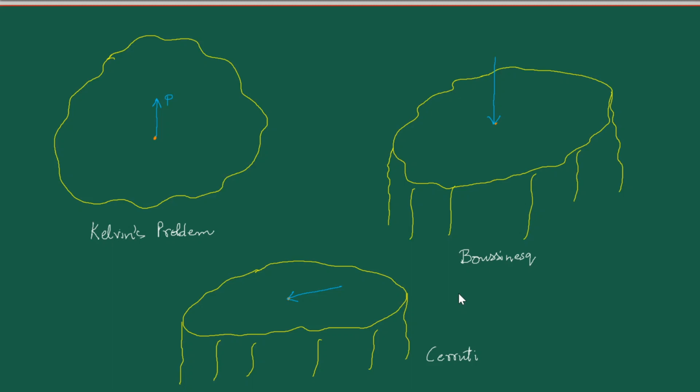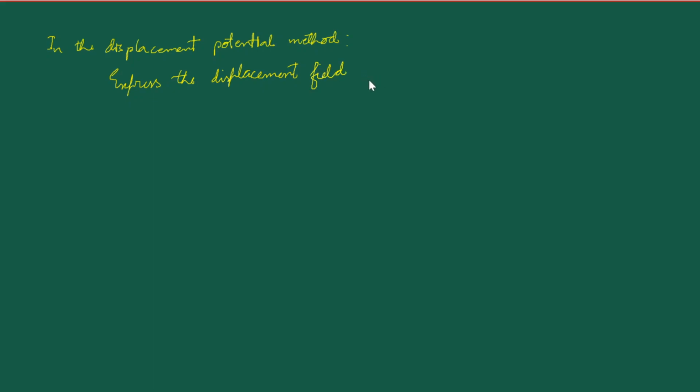So the plan is like this: in the displacement potential method, what we are going to do basically is express the displacement field u vector in terms of some scalar and vector potentials.